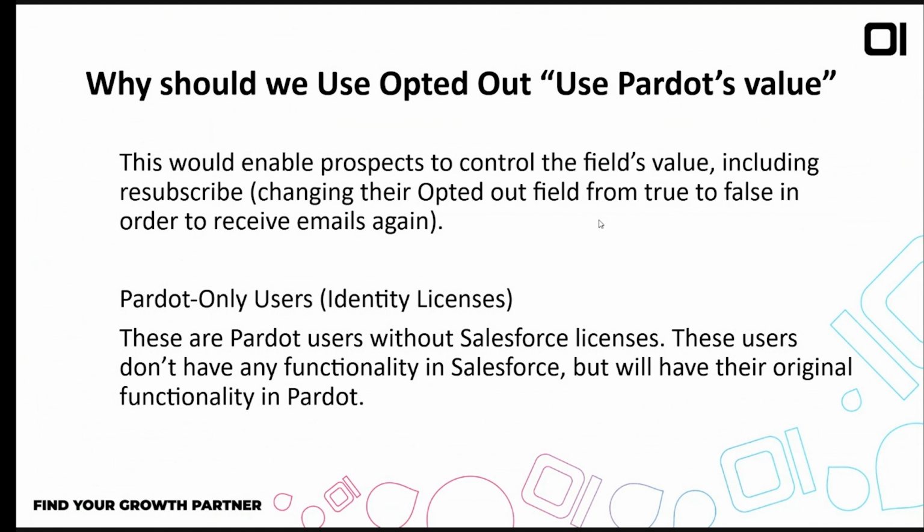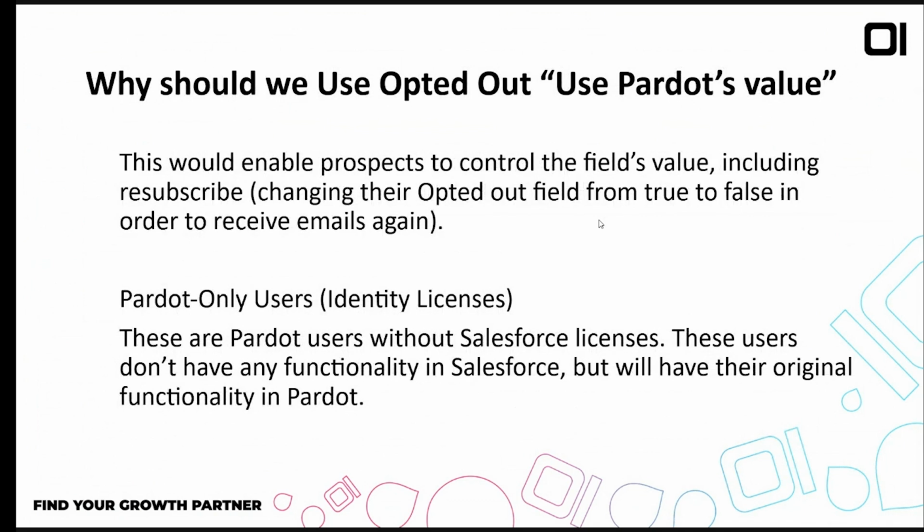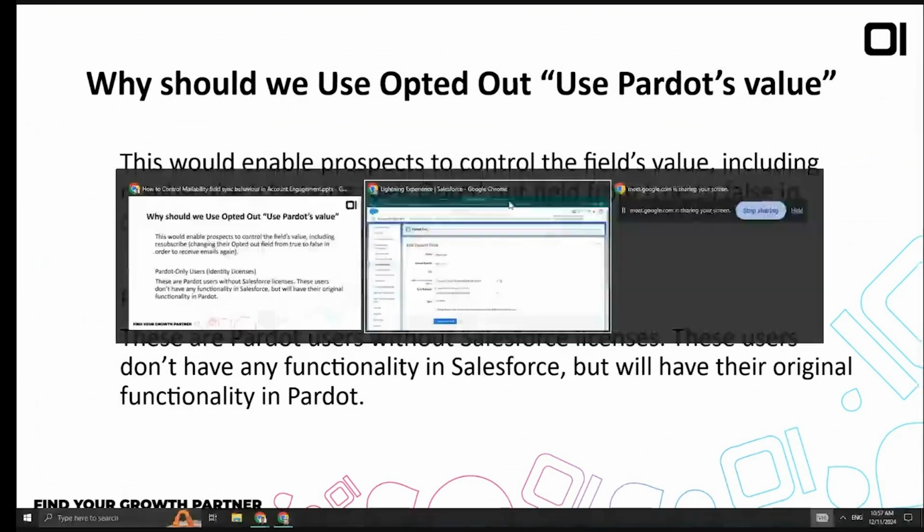So that's why I'm suggesting that the use Pardot's value in the opted out field is still the best way to go. And on the other way around, as I mentioned, the do not email field will be set to the most recently updated record. But if you don't really manage this in Salesforce or for your internal users, then you can just use the Pardot's value.